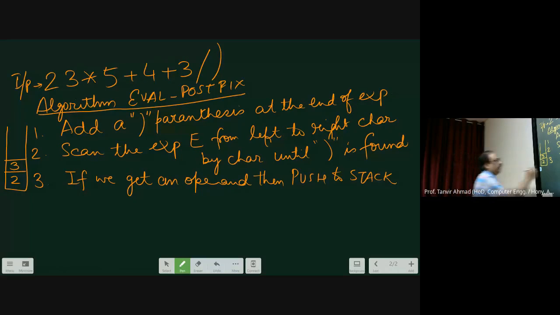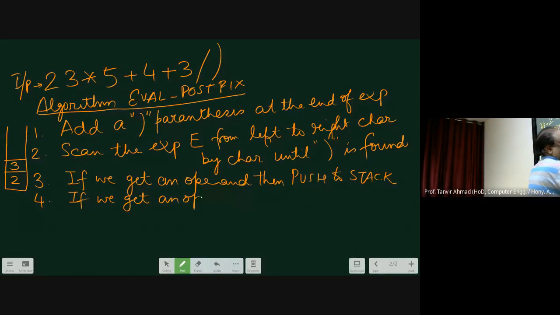If I get an operator, then you have to do two things. First of all, you pop the 2 elements from the stack.